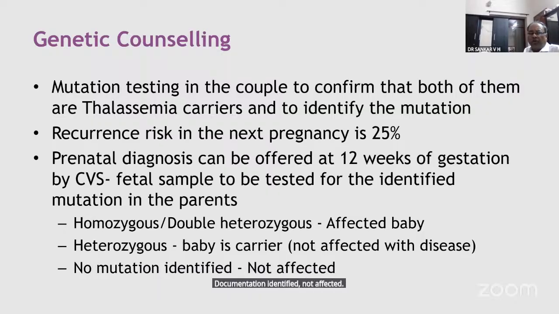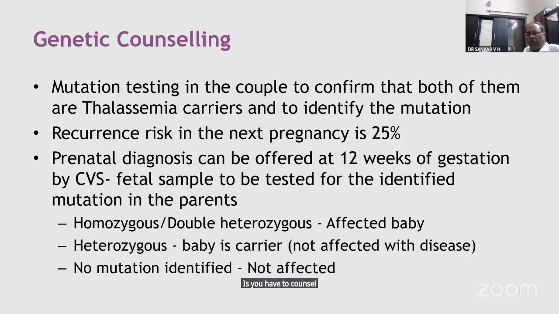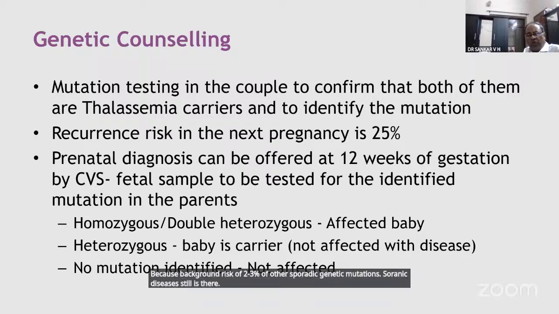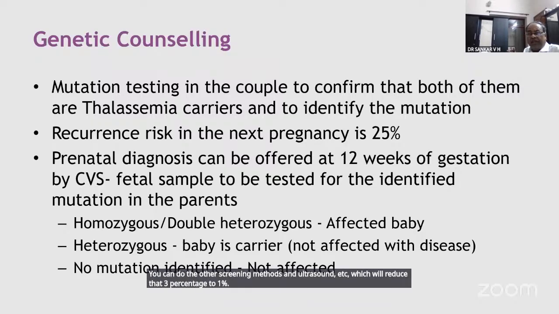One more thing you have to counsel is that you have tested only for thalassemia. For the rest of the genetic diseases or birth defects, you don't know, because a background risk of 2 to 3% of other sporadic genetic mutations and sporadic diseases is still there. You can do other screening methods and ultrasound, etc., which will reduce that 3% to 1%, but it is never 0%.